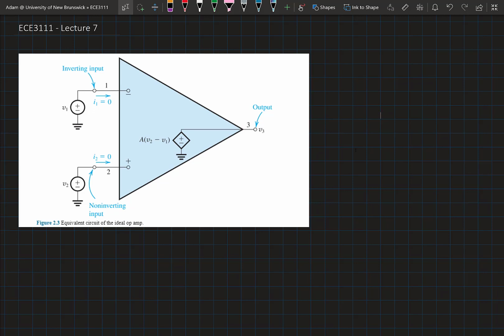Infinite input resistance, zero output resistance. So a couple of the main properties of a voltage amplifier.